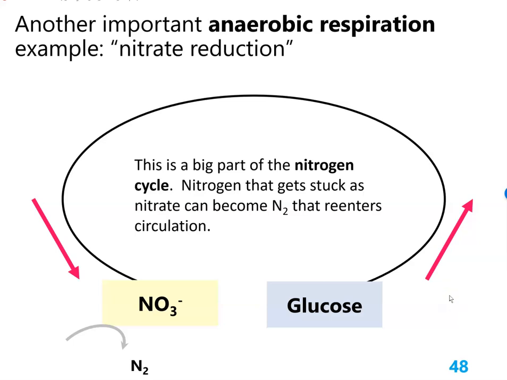Another very important form of anaerobic respiration is nitrate reduction, and that's where nitrate is used as an electron acceptor. This is also called denitrification because the end product of this is nitrogen gas.